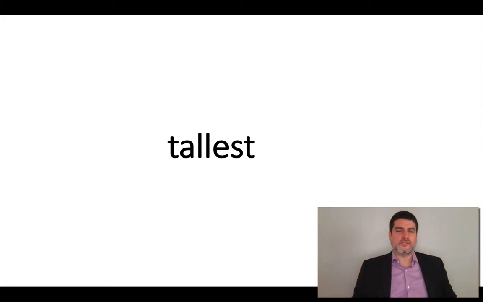So tallest is the most tall. So here we have one word made up of two morphemes, just like we had one molecule of water made up of two atoms, hydrogen and oxygen, and there were two hydrogen atoms. So it's just the idea that a morpheme is the smallest unit of meaning within a word.